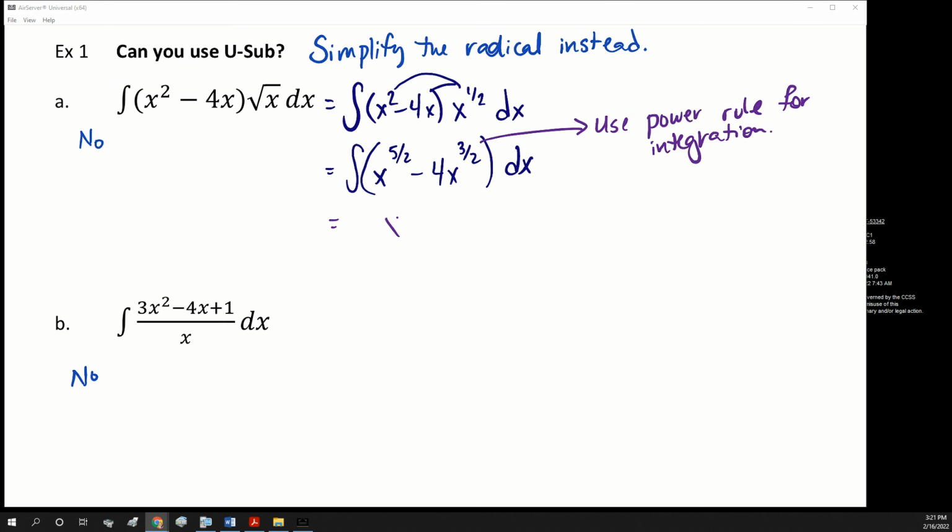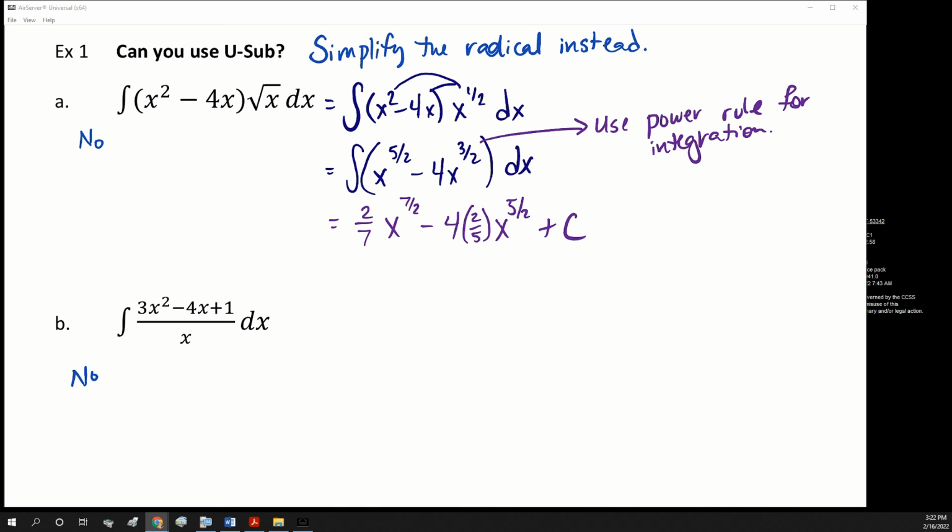So that first one would make it 7/2. And divide by our new exponent or multiply by the reciprocal. Okay. And same thing on the second one. We would add 1 to our exponent. So that's going to be 5/2. And divide by that or multiply by the reciprocal. And then we have plus c.